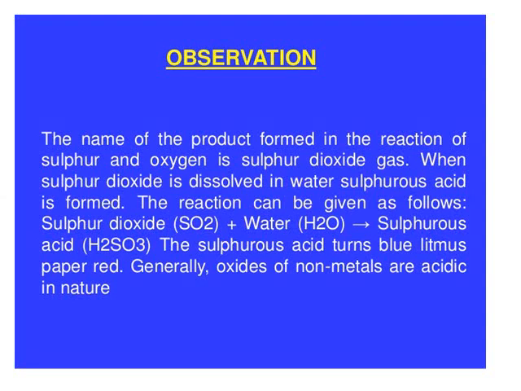Sulphur by nature reacts with the air which is present in the jar, and so a compound called sulphur oxide is formed. So read the slide. The name of the product formed in the reaction of sulphur and oxygen is sulphur dioxide gas. So a gas is produced and the name of the gas produced is sulphur dioxide.